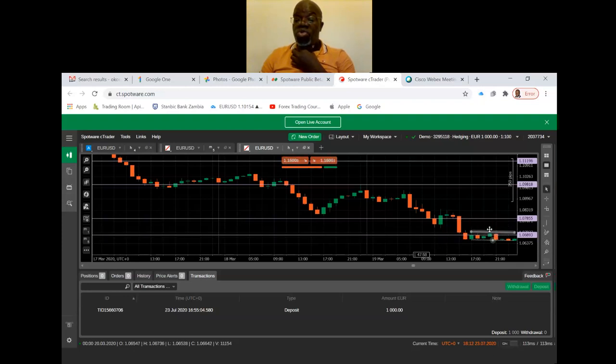So these are tools that you can use. This is the parallel line. I like the ones I normally use, like setting up a triangle or a rectangle.